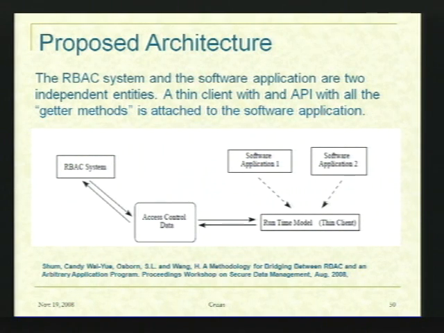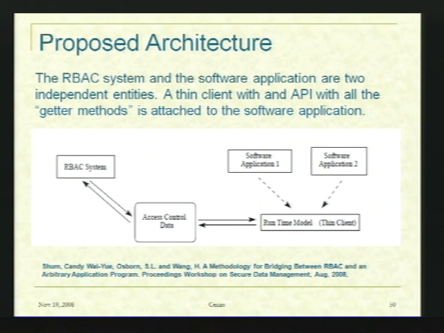And so we came up with this architecture. The idea is to use your favorite RBAC model and design your RBAC system. It could be an ANSI thing, it could be ours. Get happy with your role design. Write it out in a secure place in some format, probably XML.